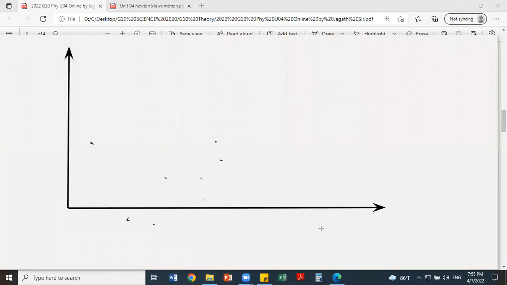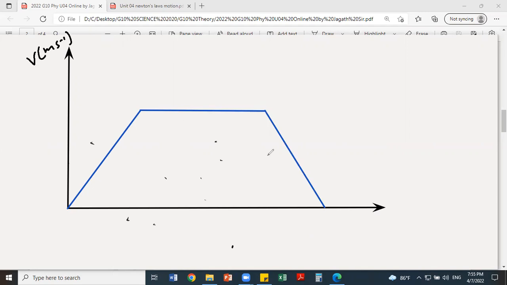Okay. Imagine this velocity time graph. First I'll draw acceleration. Then I'll draw uniform velocity, this velocity time graph. Then I draw deceleration. So label the y-axis velocity in ms^-1, t time in seconds.